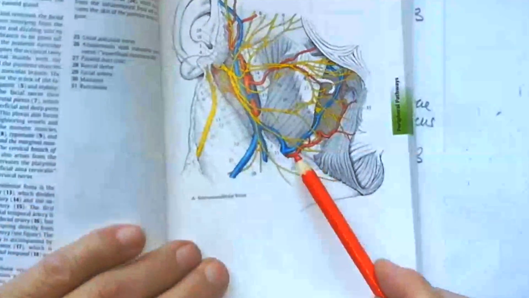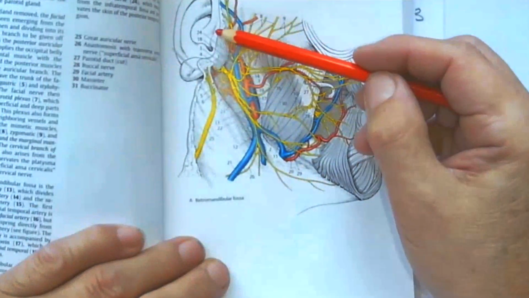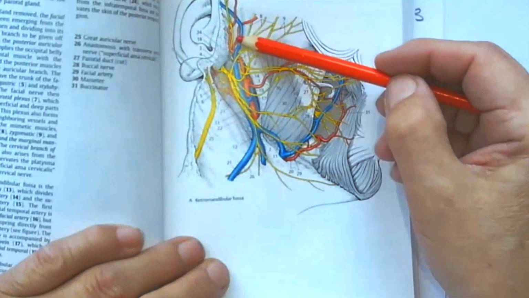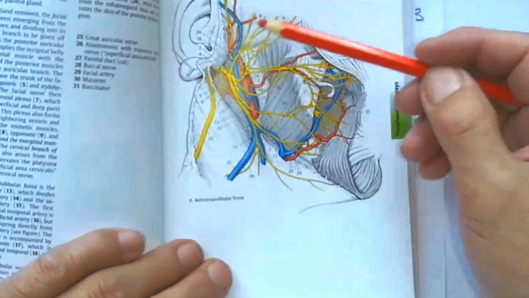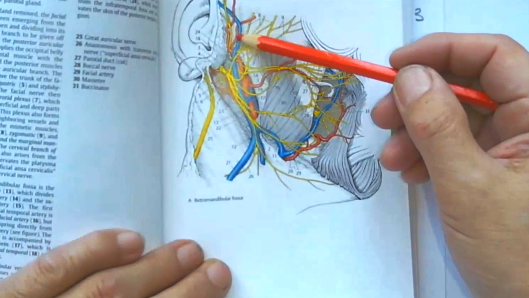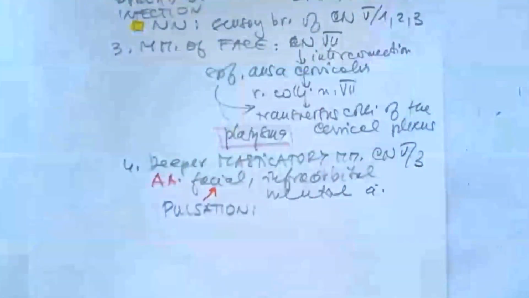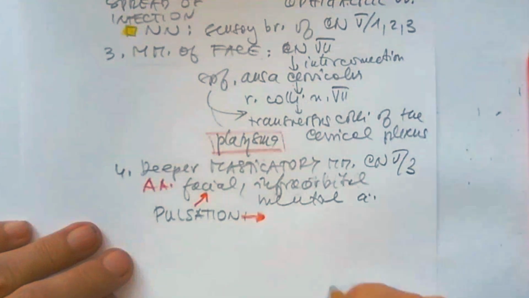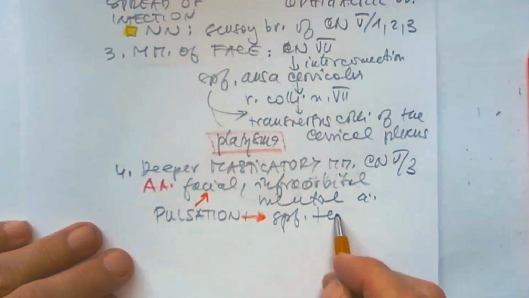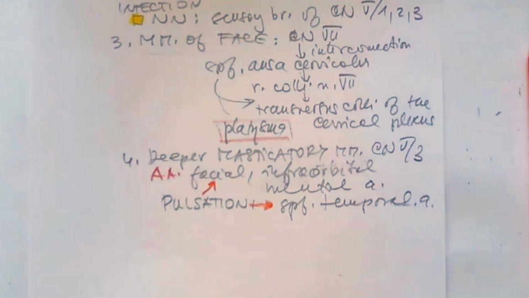Here we can palpate the pulsation of the facial artery, and here in front of the tragus, this process, we can feel the pulsation, not in every individual, of the superficial temporal artery. Good. So facial and also superficial temporal, important for the descriptions and so on.